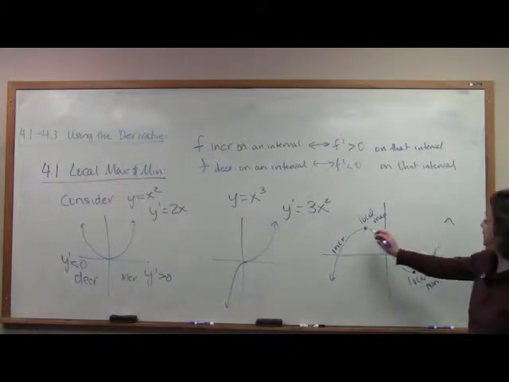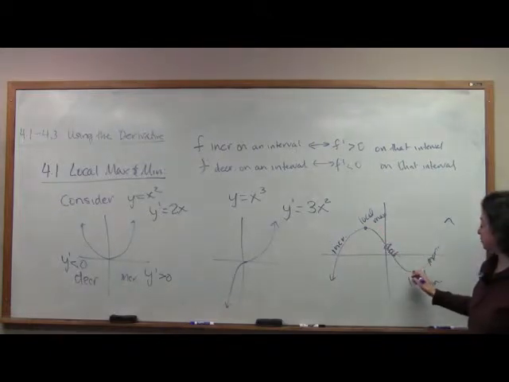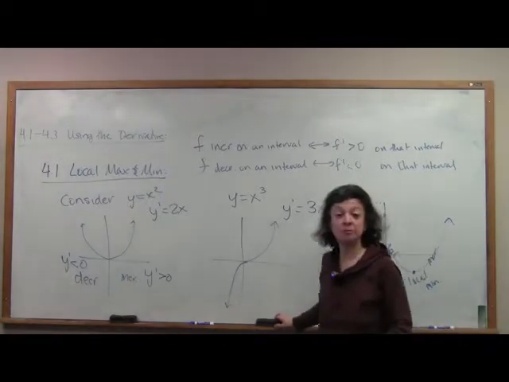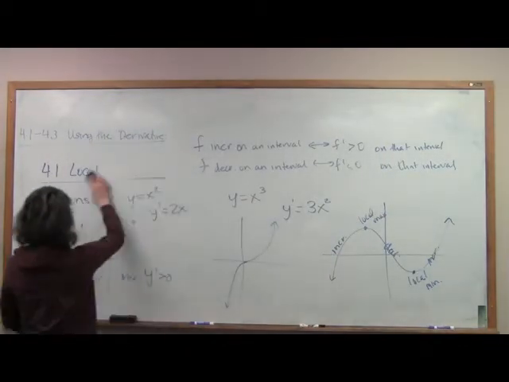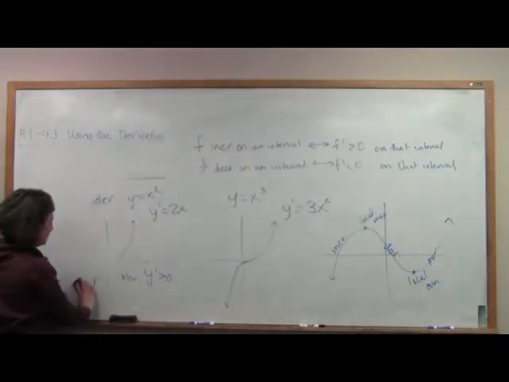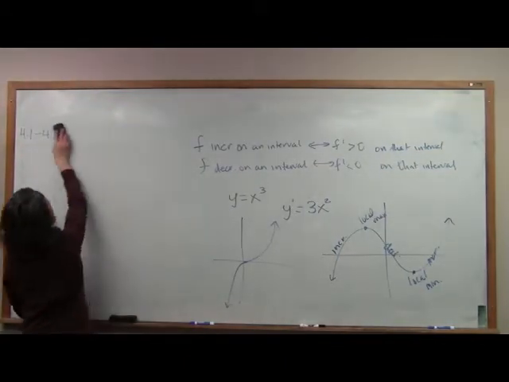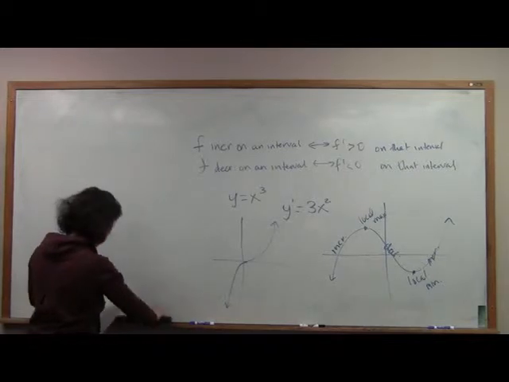So what's interesting about these particular points? Notice, those are where, for example, here, my derivative is equal to 0. So I'm going to formally define a few things, and then we're going to play around with these concepts.